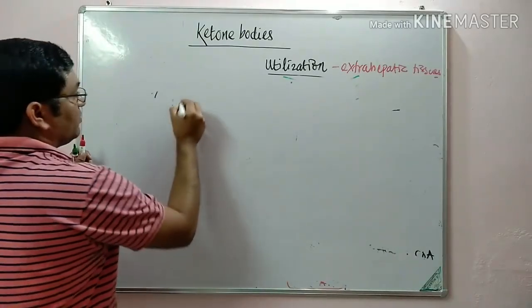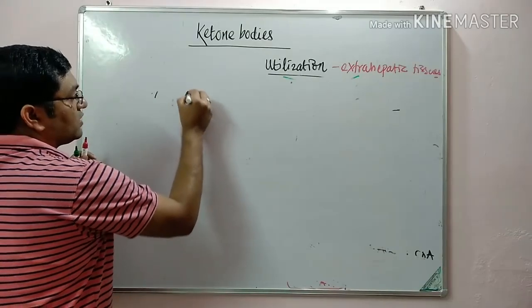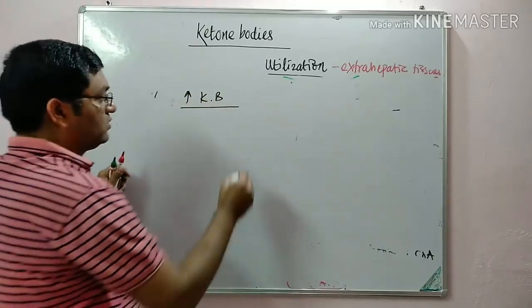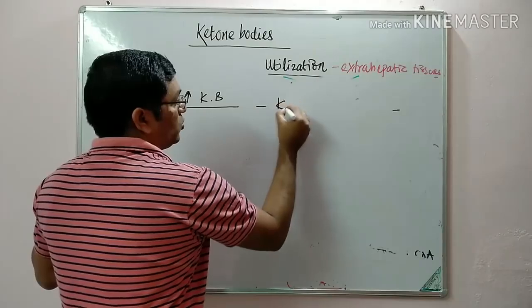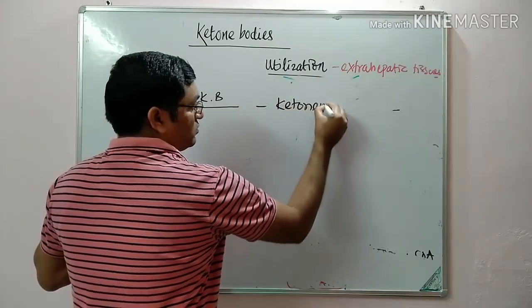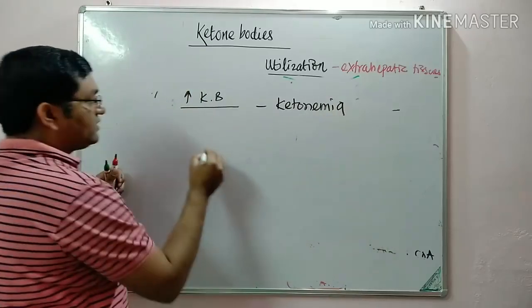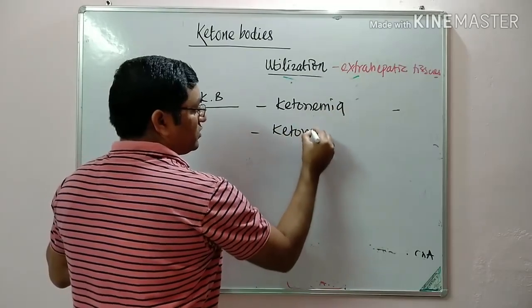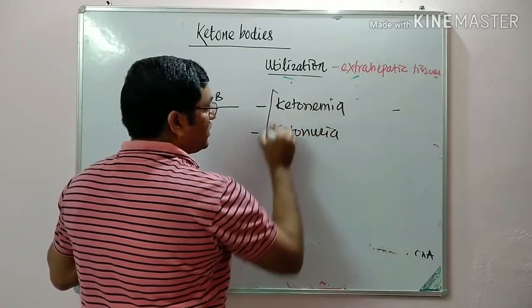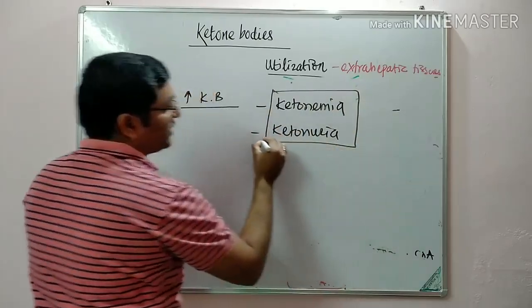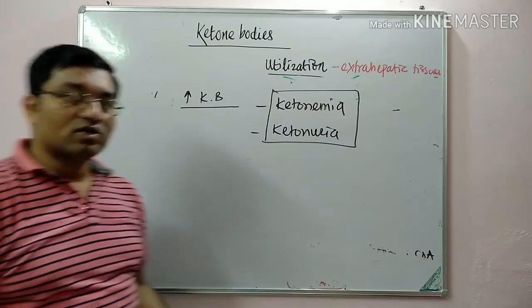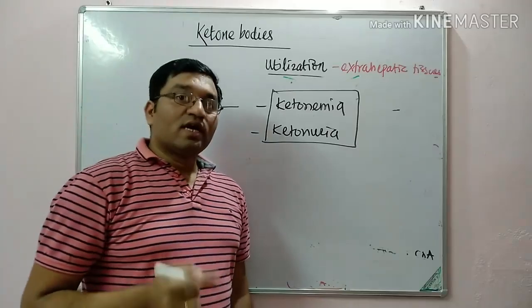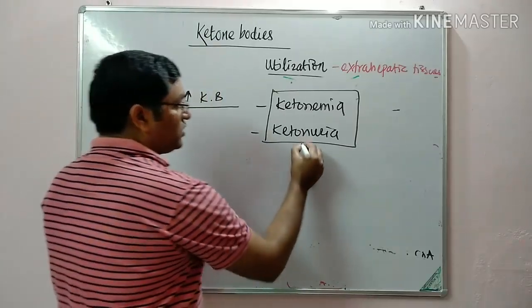Increased ketone bodies in the blood is known as ketonemia, and their excretion in urine is known as ketonuria. Together, ketonemia and ketonuria, which especially occur in uncontrolled diabetes mellitus or diabetic ketoacidosis and starvation, lead to ketosis.